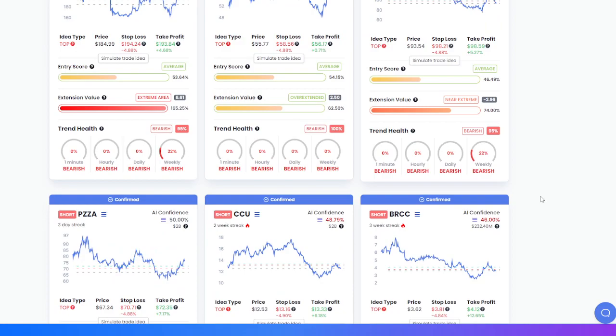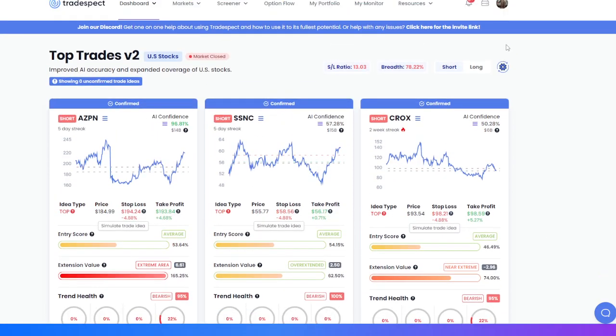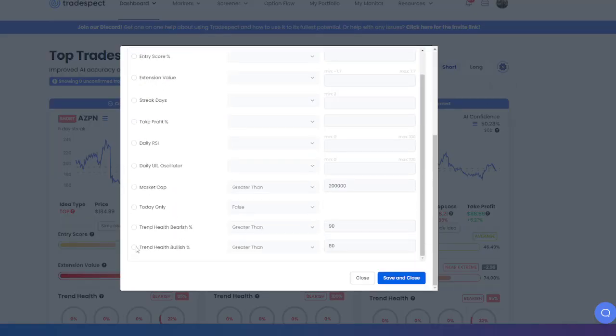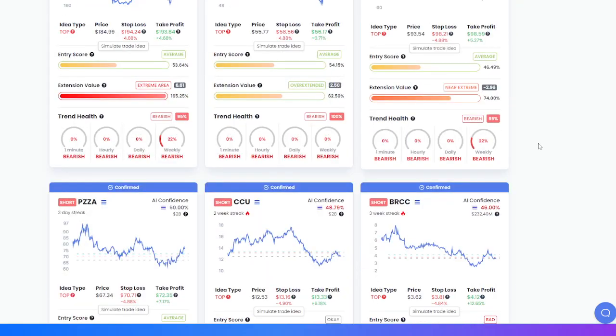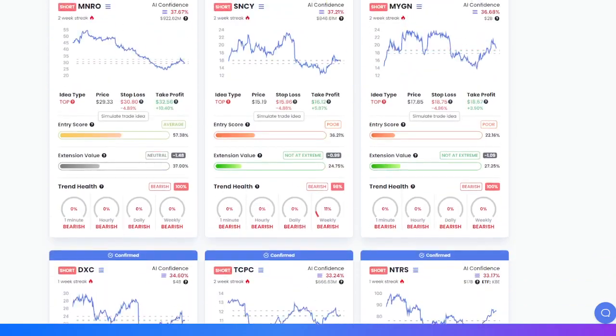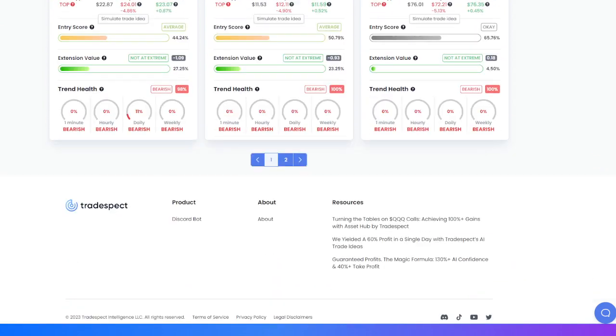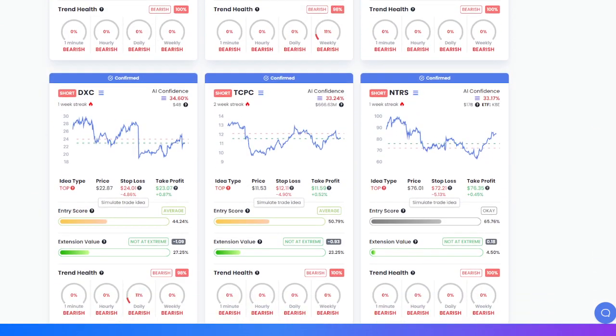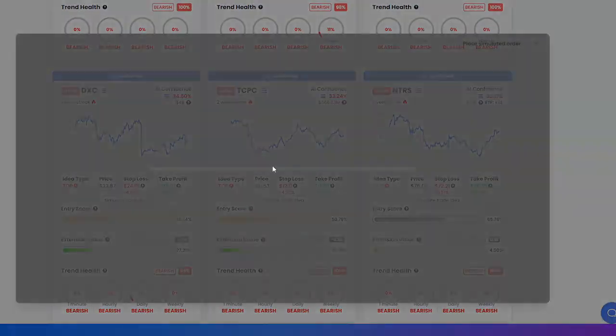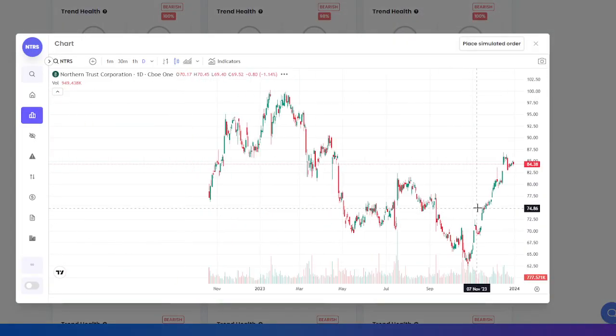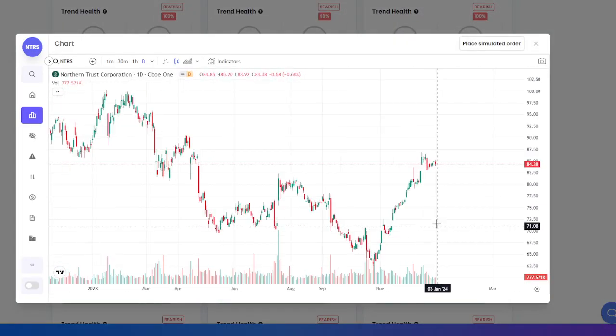But these are safer with this setting, with the bearish greater than 90, they're safer trades, but less opportunity. If you're just looking for easy money, I would say you can find really good shorts here.